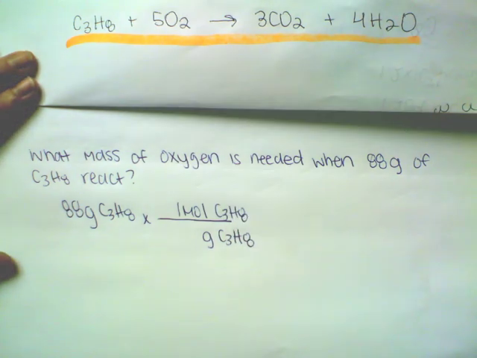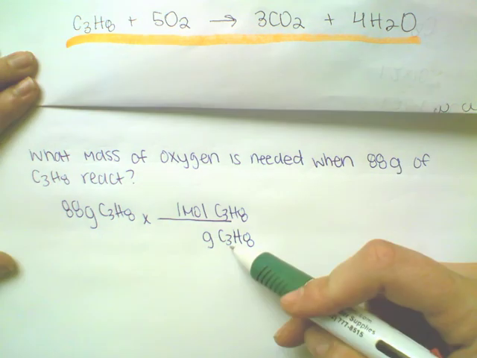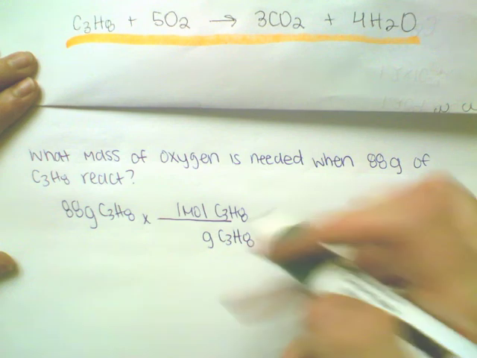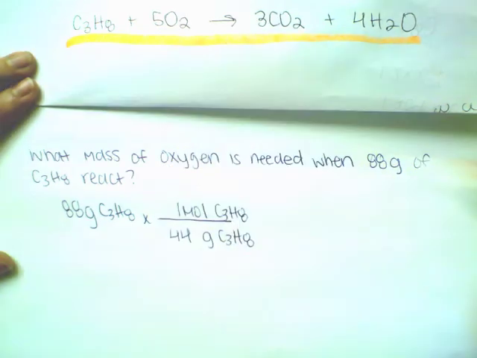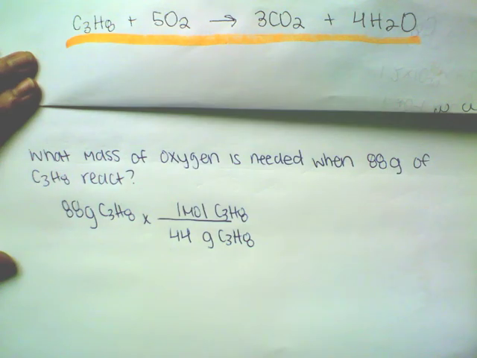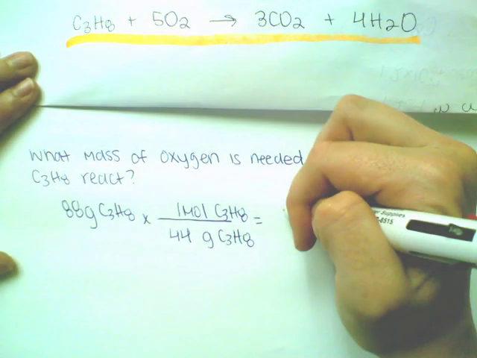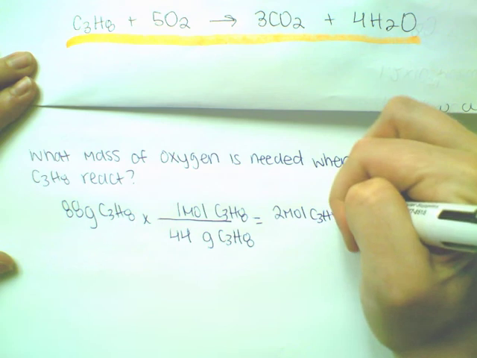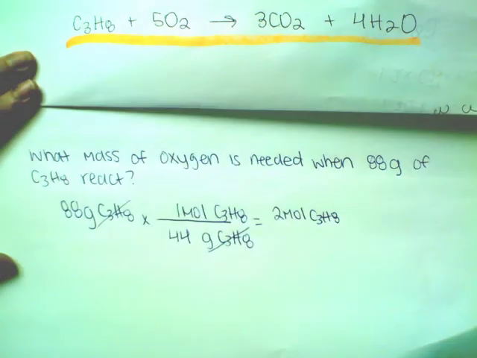Okay, and then if you add up the molar mass there, you have 3 carbon, so 3 times 12 is 36, plus 8, and you will get 44. Okay, so it looks kind of similar to the previous problem. So we have 2 moles of C3H8. Okay, 88 times 1 divided by 44.